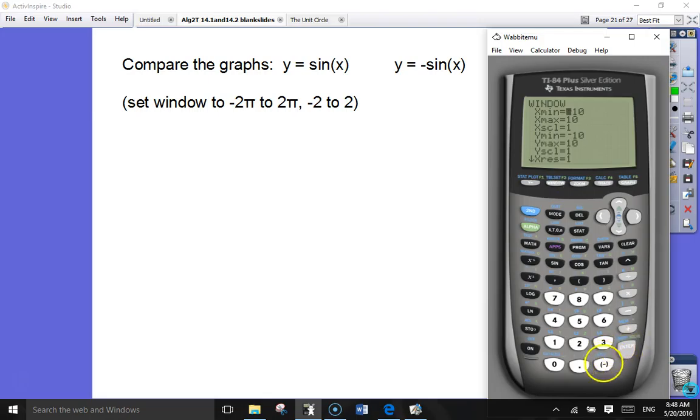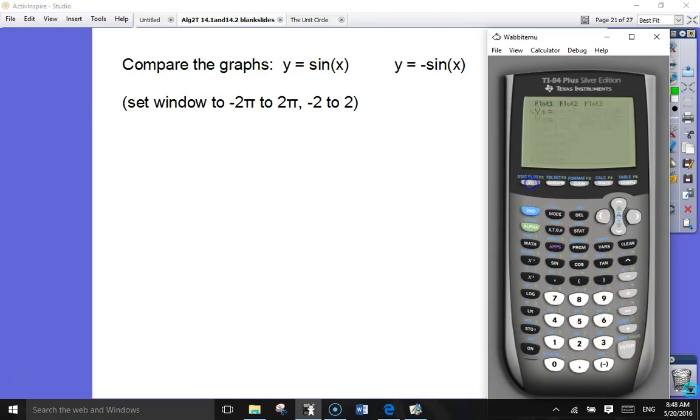So let me set this from negative 2 pi to positive 2 pi, every pi over 2, and from negative 2 to 2.